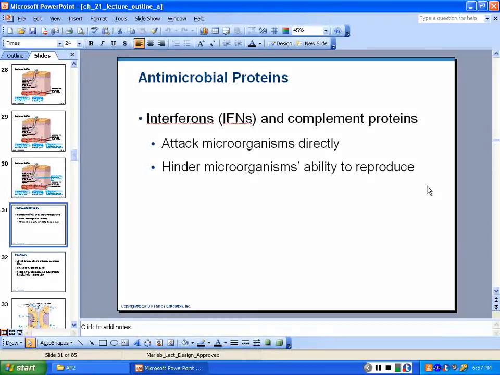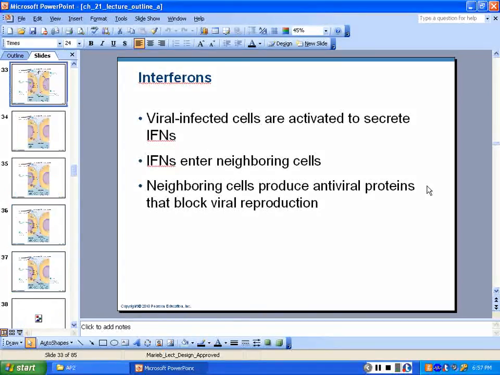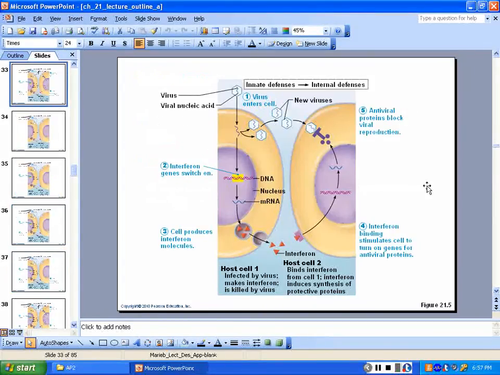We could call them microbes. We could call bacteria microbes. We could call parasites microbes. We could call viruses microbes. So what we're saying is this chemical interferon is a protein that is produced against these. So let's talk about how interferon works. And I think this picture is fabulous for talking about it.